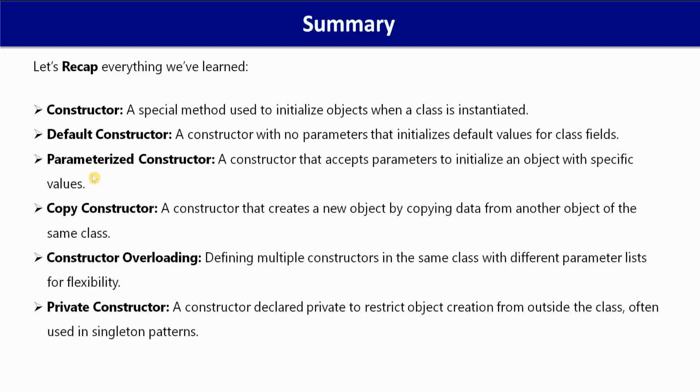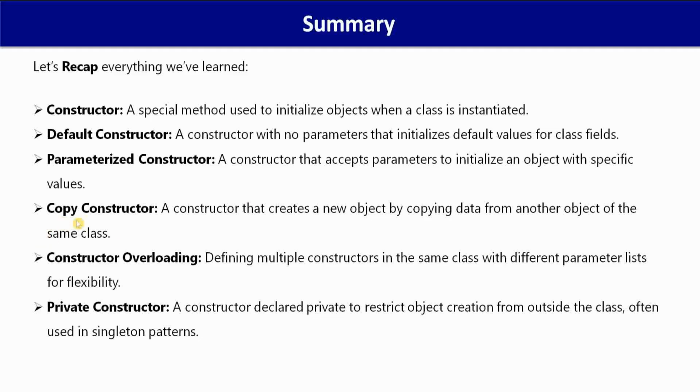Next we have the parameterized constructor, a constructor that accepts parameters to initialize an object with specific values. As the name suggests, if we want to send some parameter values through that constructor, then we can do it with a constructor that has parameters.